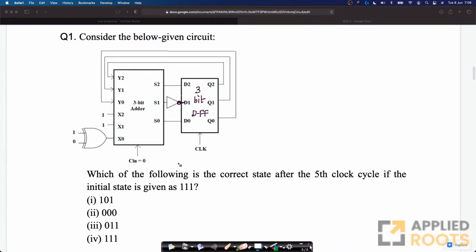This is an interesting question, very typical of GATE. So take your time, be careful, solve it.